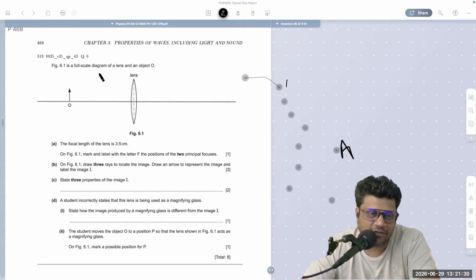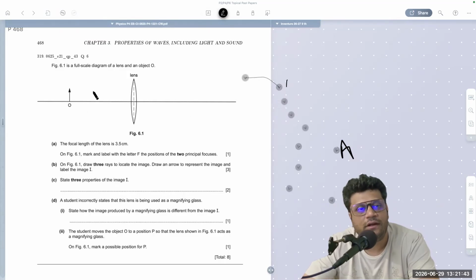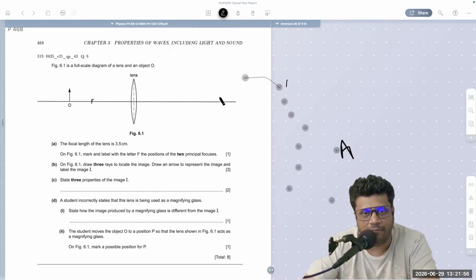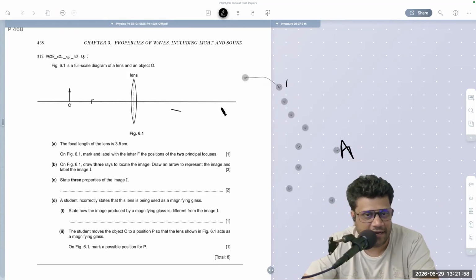So yes, it's true that the object is placed between F and 2F. We will be a little careful this time with the focus. I'm going to place the focus somewhere here for the image to be in the diagram. I want the image to be in the diagram, I don't want it to be on some other side of the page. So I'm going to place 3.5 out here.